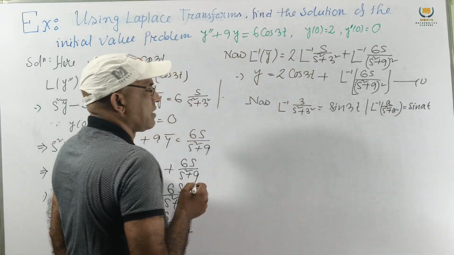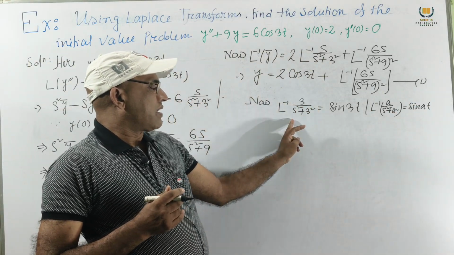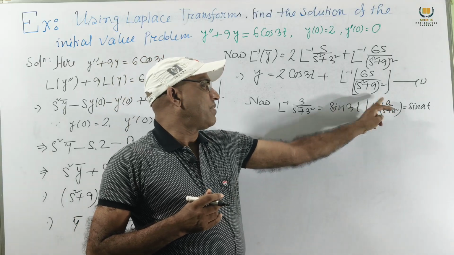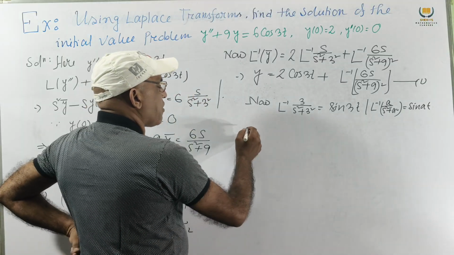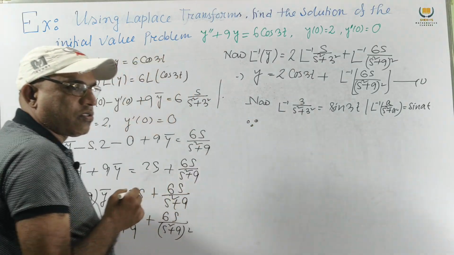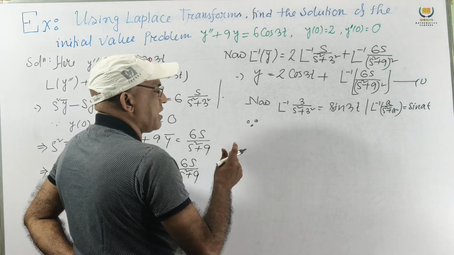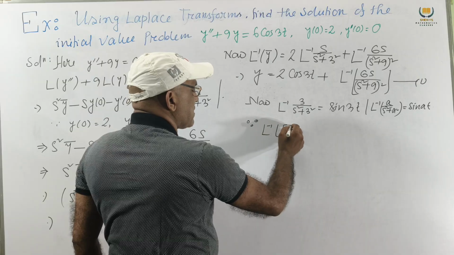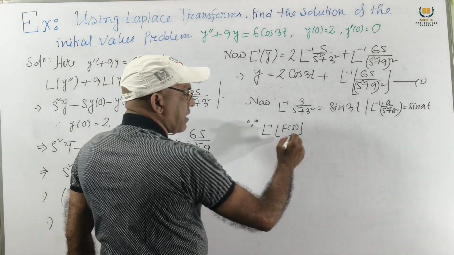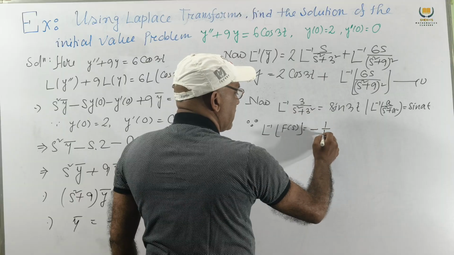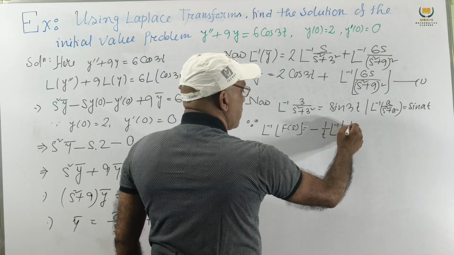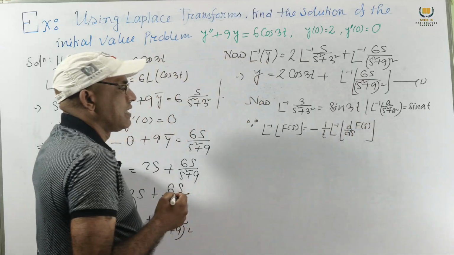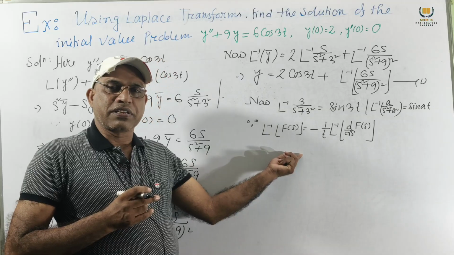Here a means 3, a direct formula. Now again you know this formula, the inverse Laplace transform of derivatives. From the inverse Laplace transform of a derivative, if L inverse of f of s is given, then multiplying by minus 1 by t, L inverse of d by ds of f of s is obtained.